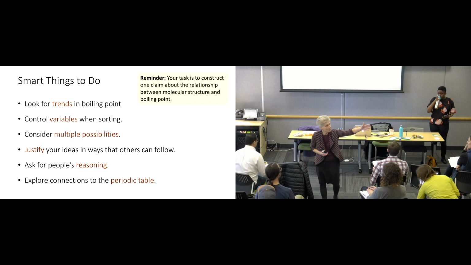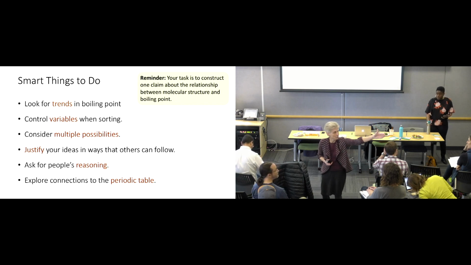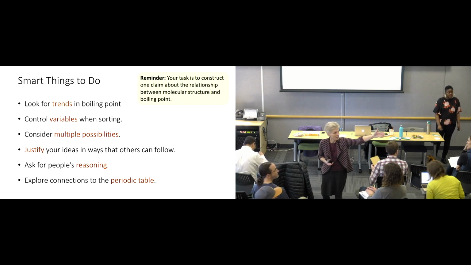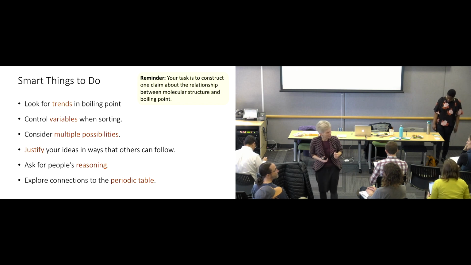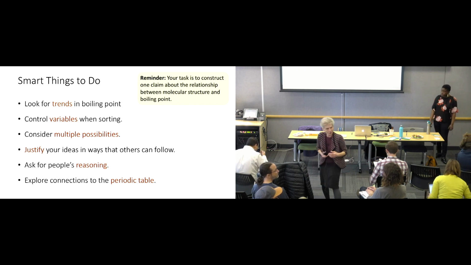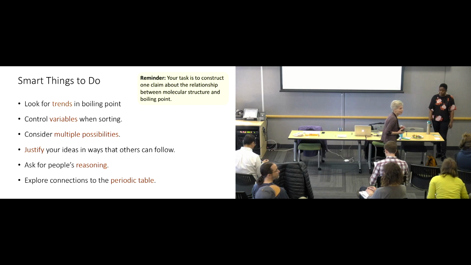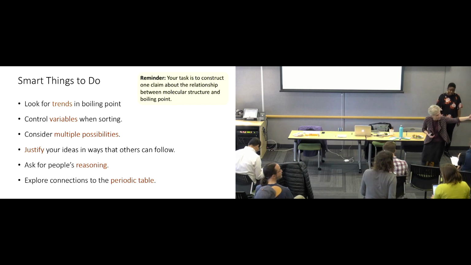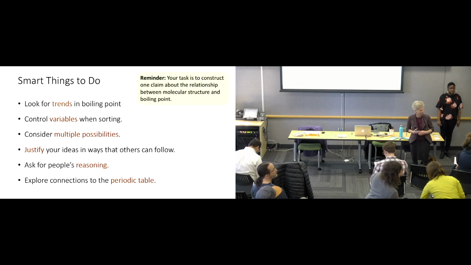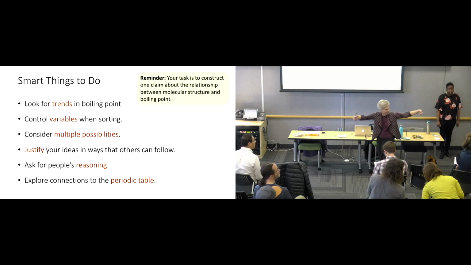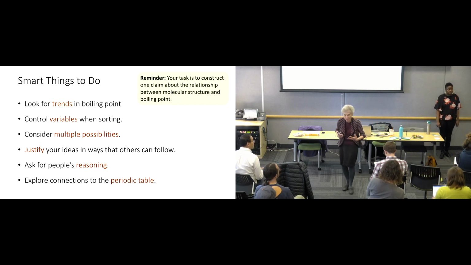We do this in the classroom. And for example, they're all C5H12. Same molar mass, but different structures. So in terms of controlling a variable, there was an interesting idea. And then as far as making a claim, shape seems to matter. It seems like if they're longer, they have a higher boiling point.